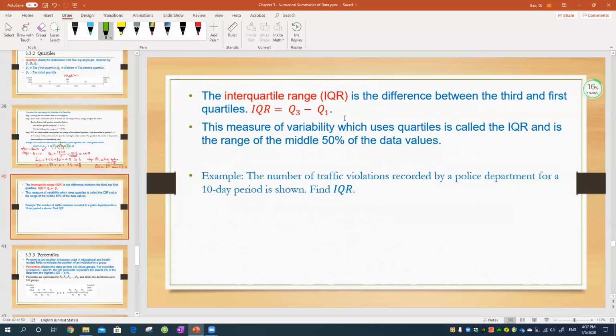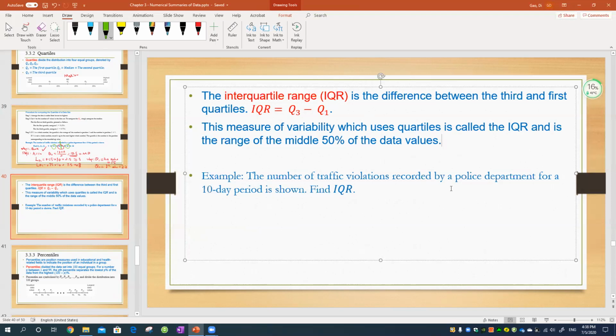So it's called the interquartile range. It's similar to the range, but the range is highly affected by the largest or smallest values, the extreme values, but the interquartile range is not. So it's more like the median, kind of robust to outliers.